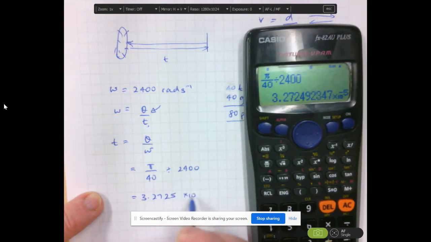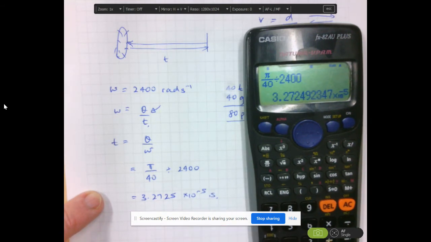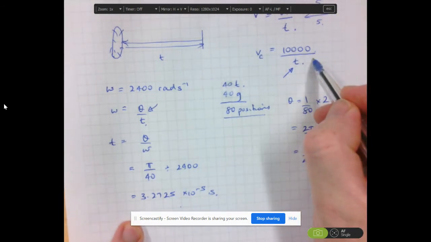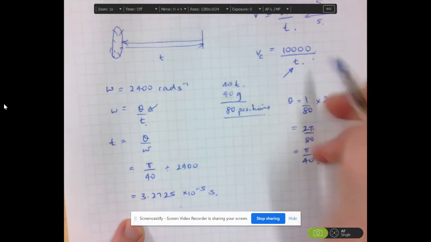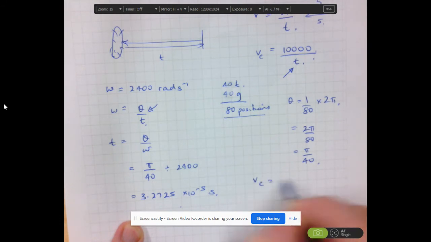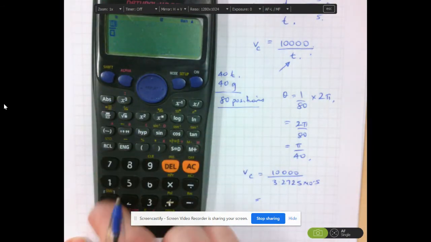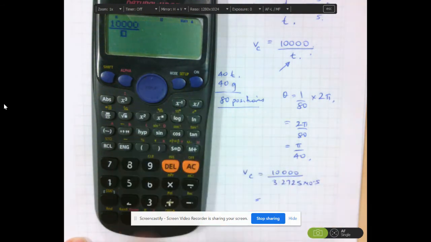Now we know what t gives us. Our velocity of the speed of light would be 10,000 divided by this value, 3.2725 by 10 to the minus 5. Calculating that, 10,000 divided by the answer we previously got, which is 30557. I'll just write them all down.